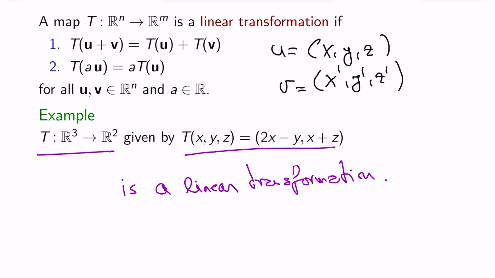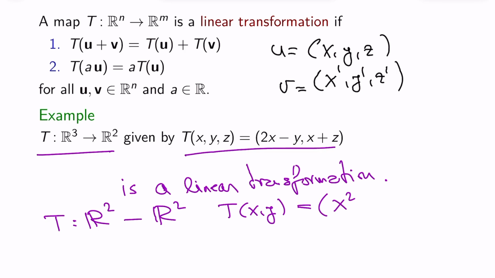There are functions between, let's consider, for instance, this function T from R2 to R2. And let's consider a transformation that to each x, y transforms it into x squared minus y, for instance. And so let's try to prove that this is a linear transformation.